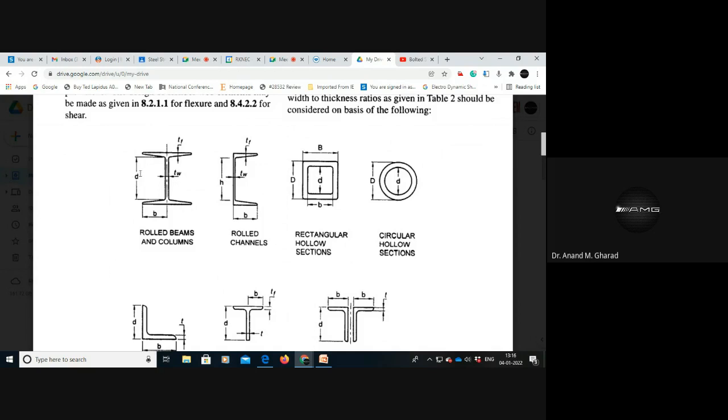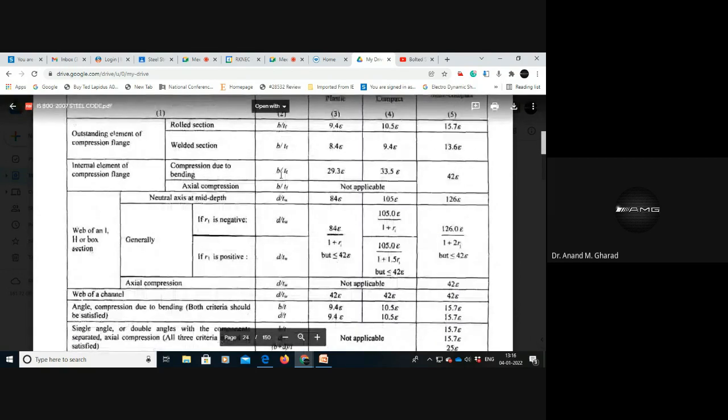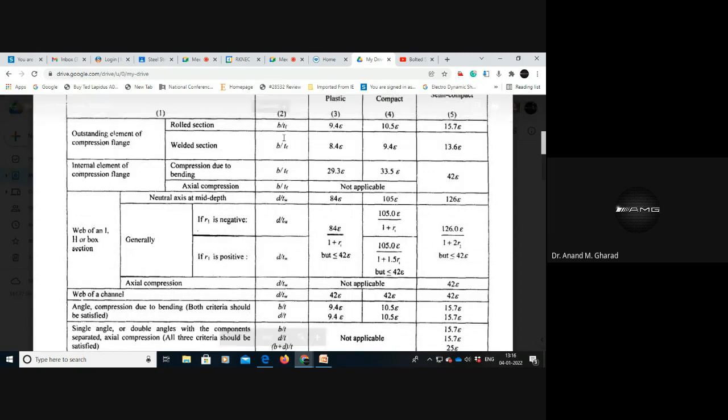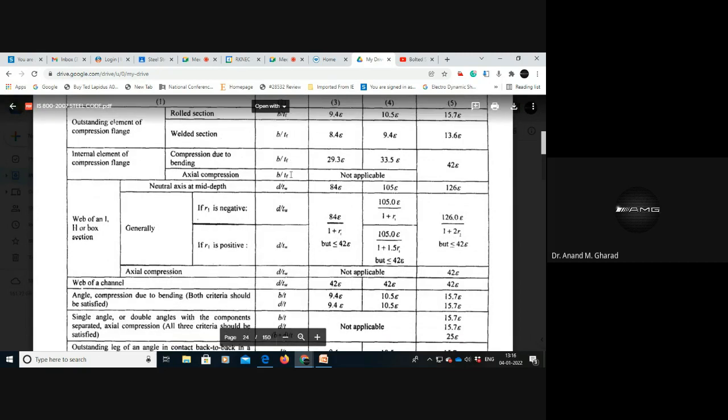So we will see how to calculate this D and all. Okay, so this will be the D by TW ratio for the web. Similarly, for the flange, this will become the B by TF ratio. That is your aspect ratio. From here, you are supposed to refer these values: D, B, TF, TW. Okay, TF is nothing but thickness of the flange.